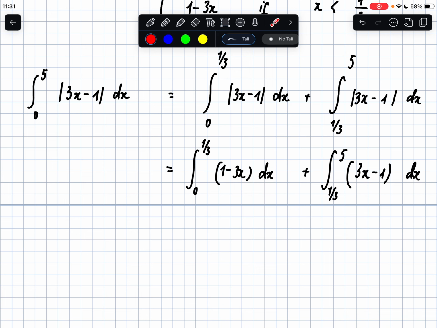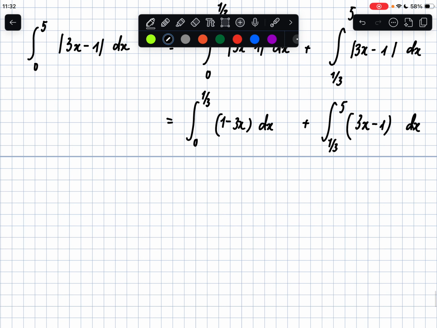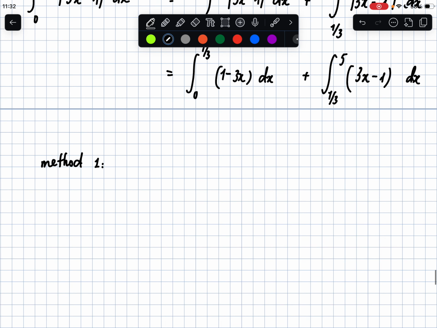If you are comfortable with computing integrals, we use the fundamental theorem of calculus, right? Compute the antiderivative of this, and then plug that in. Another method is to just draw the figure. So for example, method 1, I want to draw the picture and compute the area under the curve.